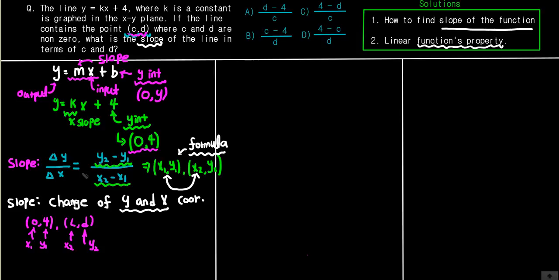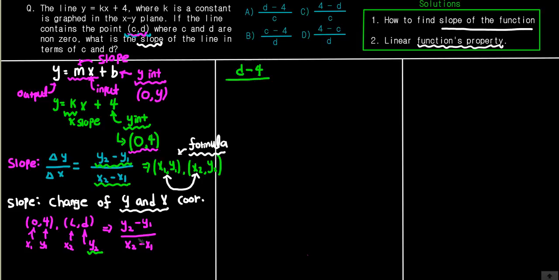If we write the formula down, it is y2 minus y1 over x2 minus x1. Our y2 value is d and our y1 value is 4, so the numerator is d minus 4.